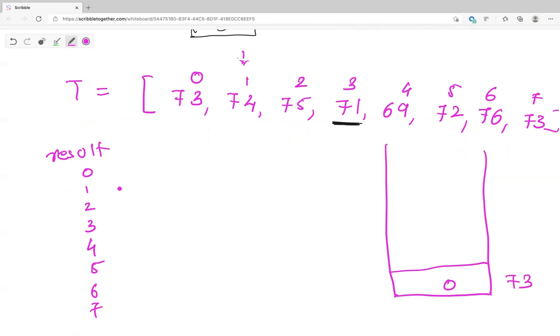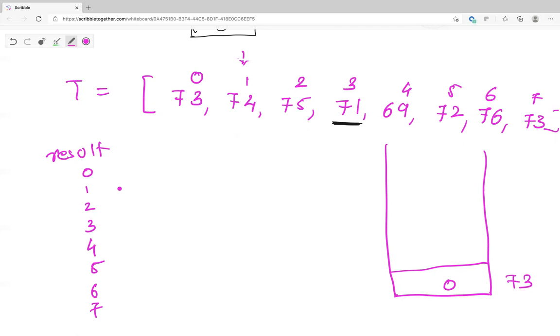So let's say the first element that you see is 71, correct? When you put 71 in the stack, who is going to kick 71 out of the stack? 75. Any number bigger than 71. So that's the entire logic. You kick 71 out. What do you add to the result? This is the logic. What do you add in the result?